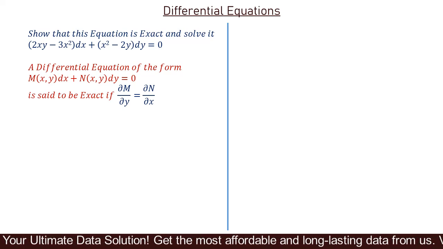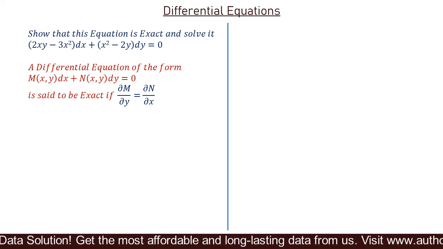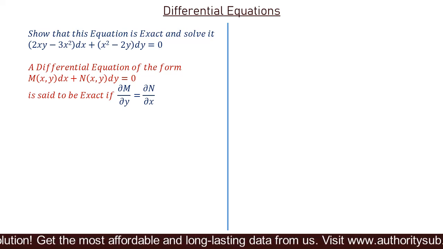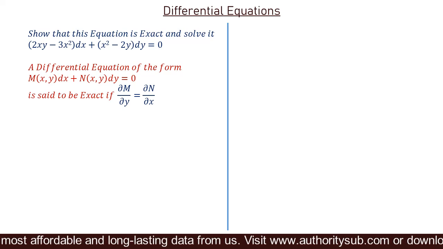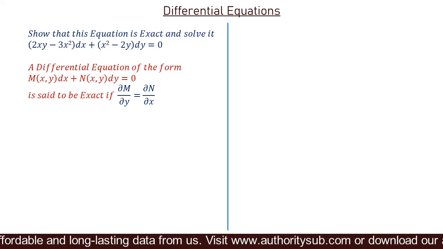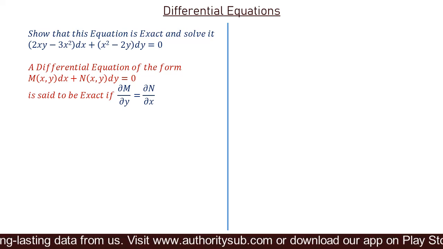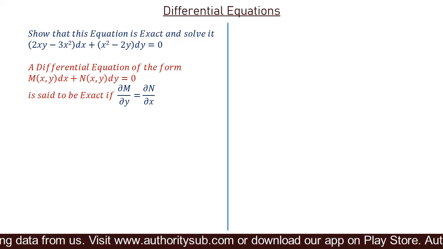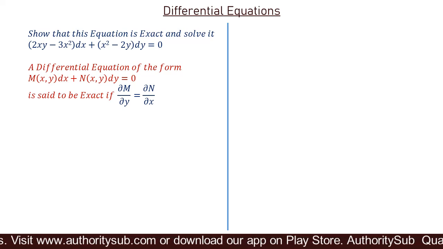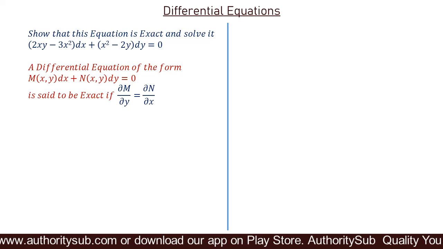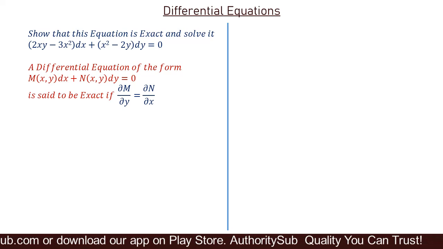Now, let me break this down. We have an equation of this form. There's a part that has the x and there's a part that has the y. The part that has the x, we're going to call it the letter M, and the part that has the y, we're going to call it the letter N. So when we differentiate the part that has the x with respect to y, and then we differentiate the part that has the y with respect to x, these two derivatives should be equal.